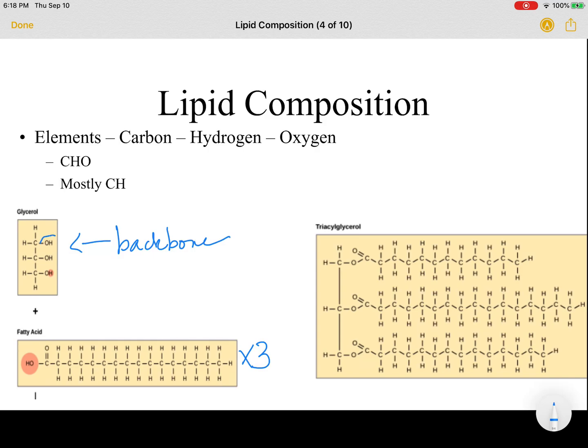So if you look over here at the glycerol, you'll notice some hydroxyl groups. And from those hydroxyl groups, that's what's going to bond to this hydroxyl group down below on the fatty acid. When we talked about a condensation reaction or a dehydration synthesis reaction, we combine the monomers to make polymers.